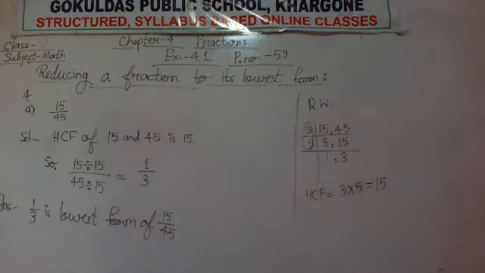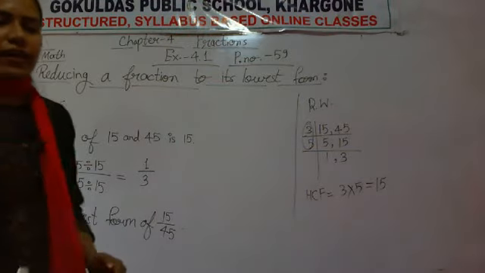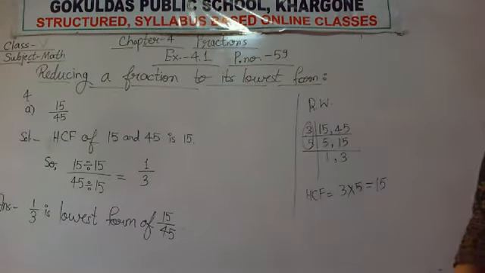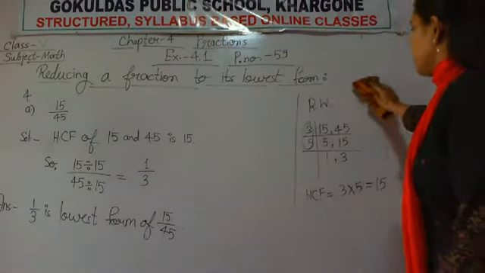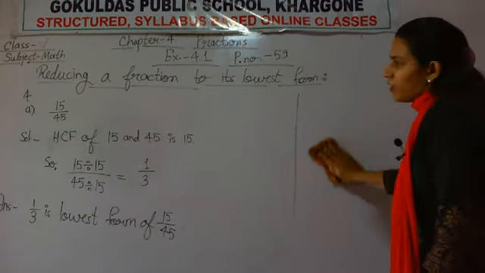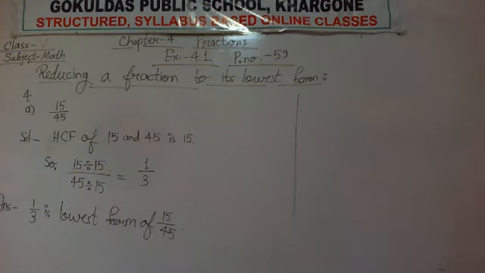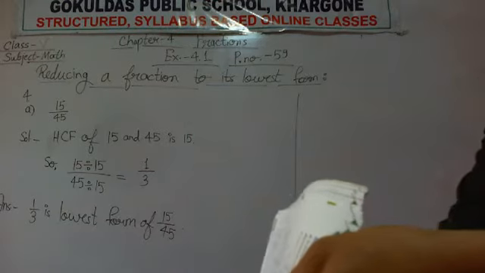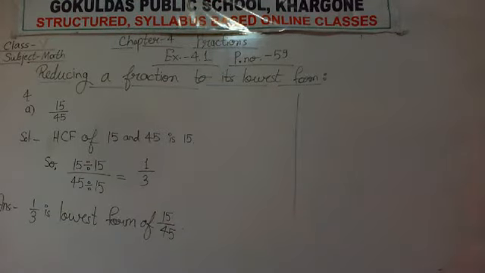In the final answer, we can write 1 upon 3 is lowest form of 15 upon 45. Later we can erase or rub the rough work. So this is how we find the lowest form.